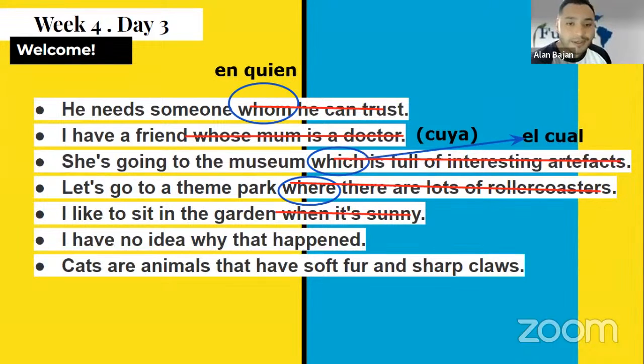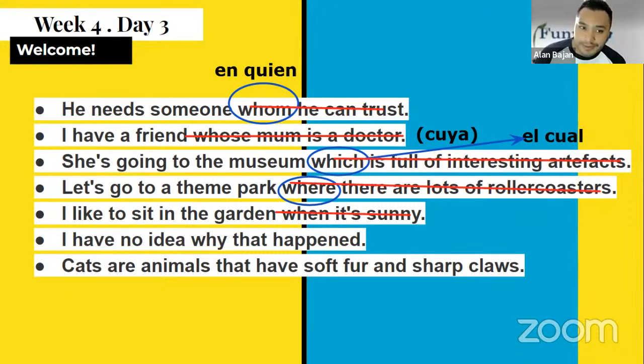In number two, I have a friend. Oh, is it a friend from Guatemala? You have a lot of friends, but the relative clauses, defining clauses, help us to make a difference between one thing and the rest of the group of the same species.